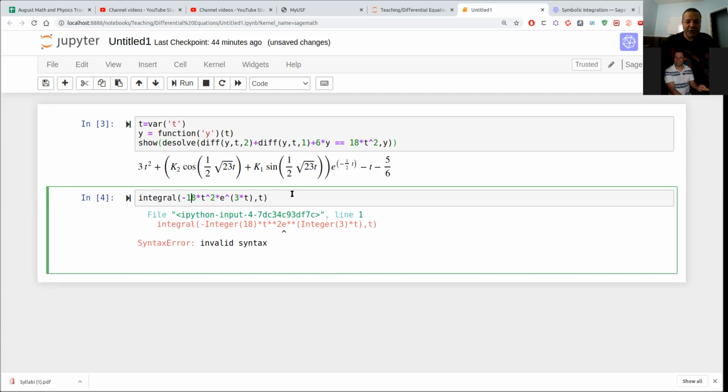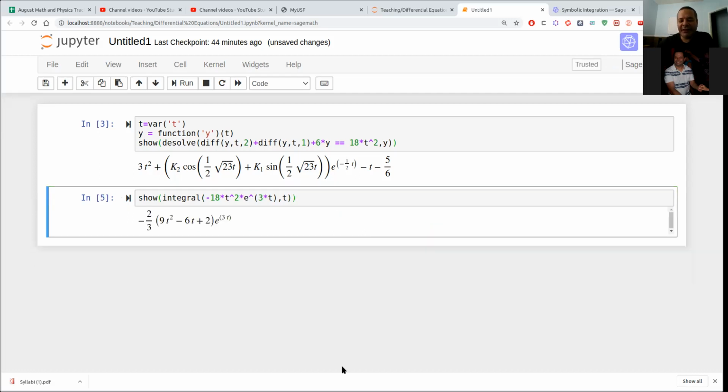I'm not teaching you how to integrate. If you don't know how to integrate, then you didn't learn how to integrate in Calc 2. That's not my problem anymore, okay? So that's negative 2/3 times 9t squared minus 6t plus 2 e to the 3t.